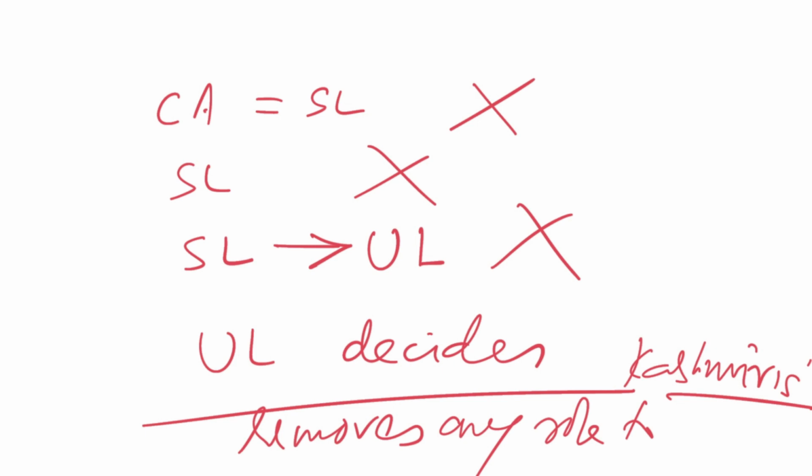But what the government did is remove the state legislature's role through a variety of provisions. Here the president's rule, the governor's rule, president's rule, finally used to exclude Kashmiris in determining their fate, which is against the constitution.